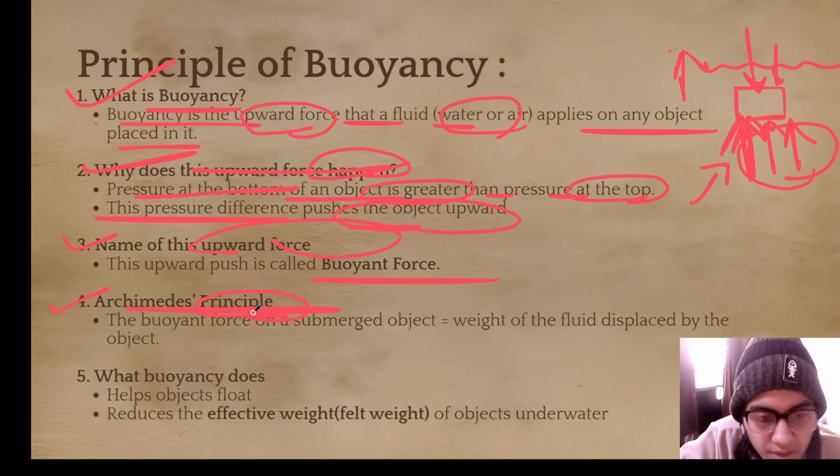Archimedes principle. Yesterday we covered Archimedes principle, but now let's see the exact definition. The buoyant force on a submerged object is equal to the weight of the fluid displaced by the object.